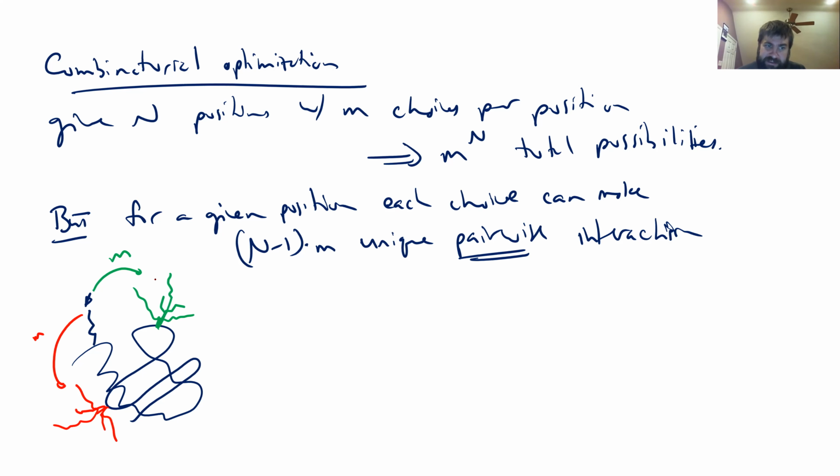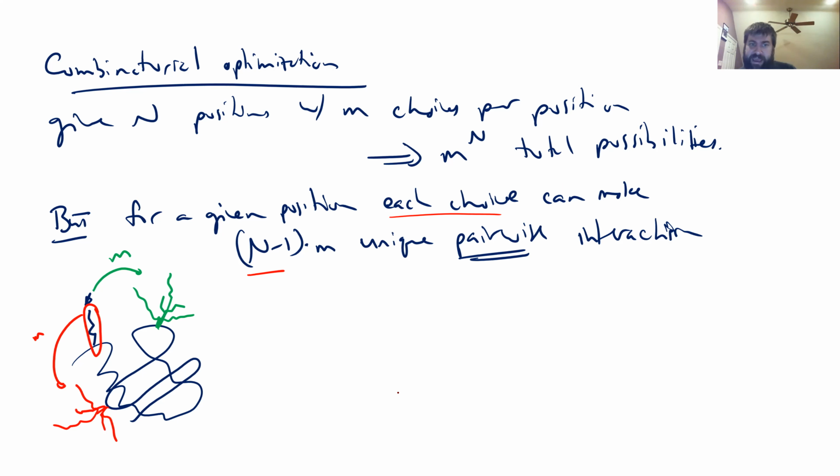If we've already focused our attention on one amino acid and one position, there's n-1 remaining positions. And so if we just add up all of these m choices at all of these n-1 different positions, these are how many individual pairwise interactions. Now, that was for the one choice at that position.